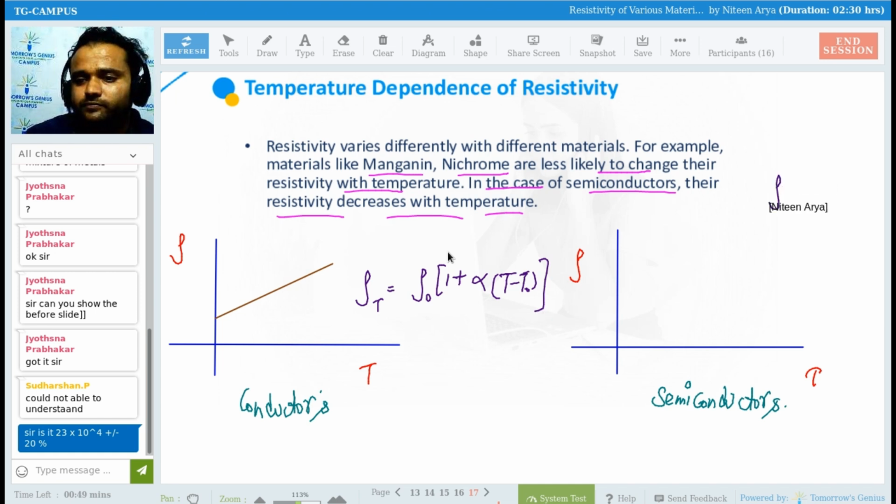This is your semiconductor, this is your conductor. So is it going to be in this way? Semiconductor resistivity decreases as temperature increases. Yes, I know this thing, but in this way, beta?